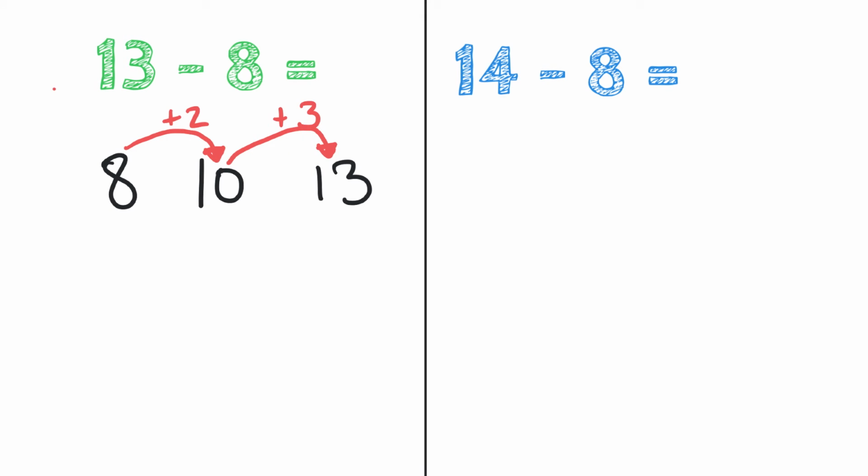And let's add that up. What is 2 and 3? 2 plus 3 is, boys and girls, do you know 2 plus 3? Yep, I can't trick you. That's 5. All right, so 13 minus 8 equals 5. What I'd like you guys to do right now is, if you haven't worked on this yet, to pause the video, finish this example, then come back and check your work.